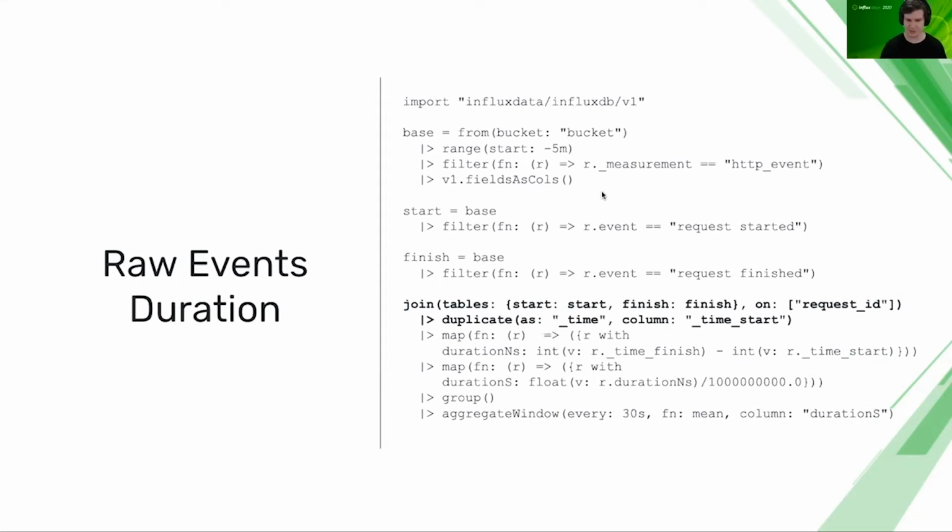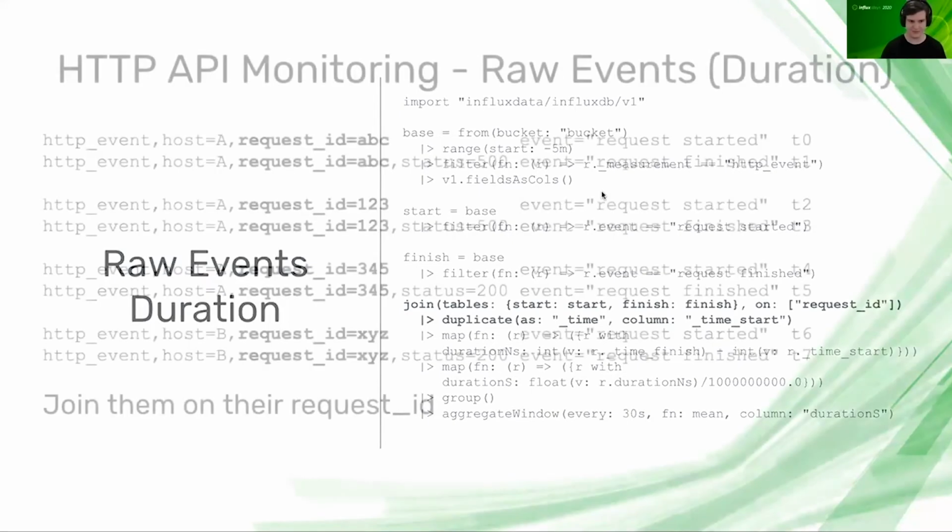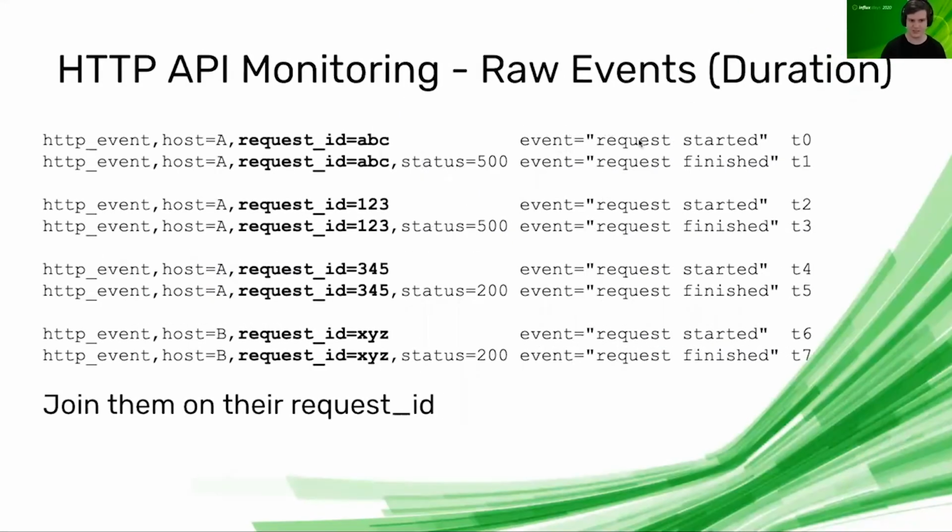It's not super important, but more or less we're going to make the timestamp on the data that we joined together the timestamp of the start column. So going back, we have these two events, we join them together, and we make the new time on our record T0, the first timestamp in the sequence of events.